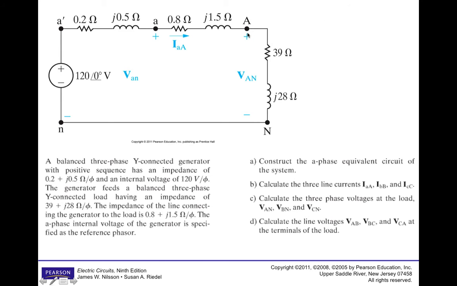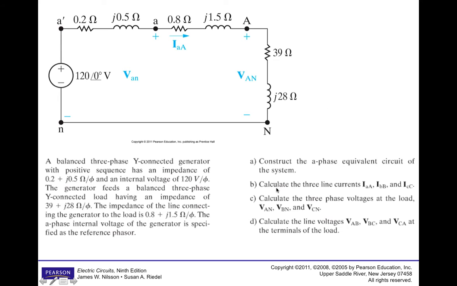This is often a problem that I will give on an exam, just to ask people, given the information in this paragraph, can you construct a single phase equivalent? Also of relevance is, can you construct the full three-phase circuit? In order to do that, you would need to show the B phase and the C phase with their associated sources, impedances, loads, and relevant terminals.